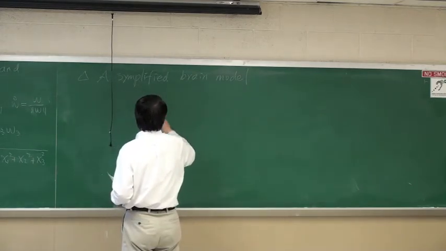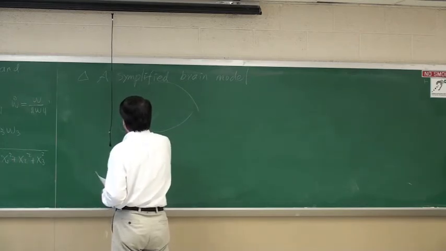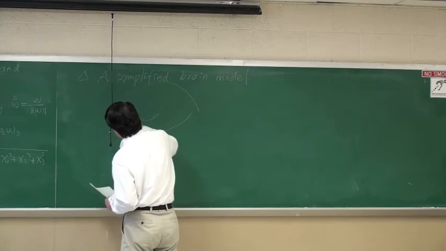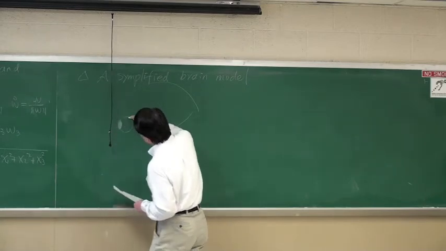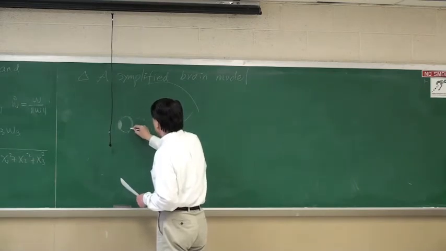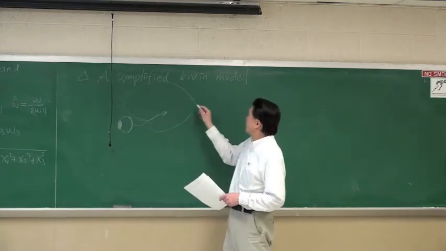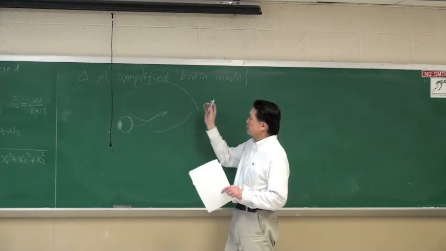The brain is shaped like this. Then you have the eye, a lens, and a retina. The retina generates a bunch of nerves that get into the brain. Normally it goes to the brain, to an area called the visual area, but don't worry about it.